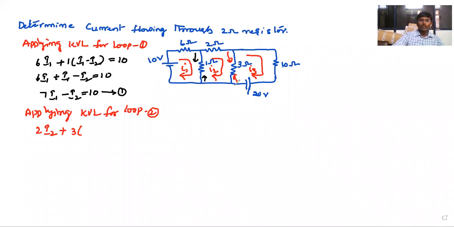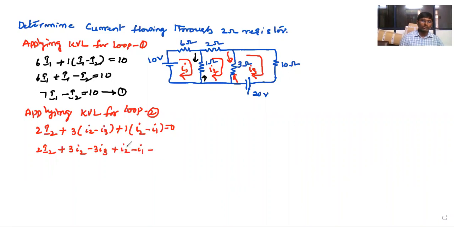So when writing loop equations for the second loop, the resultant current flowing through 3 ohm is I2 minus I3. So 3 into (I2 minus I3) plus 1 into the current flowing through 1 ohm, which is I2 minus I1, is equal to 0. So this gives 2I2 plus 3I2 minus 3I3 plus I2 minus I1 equal to 0.